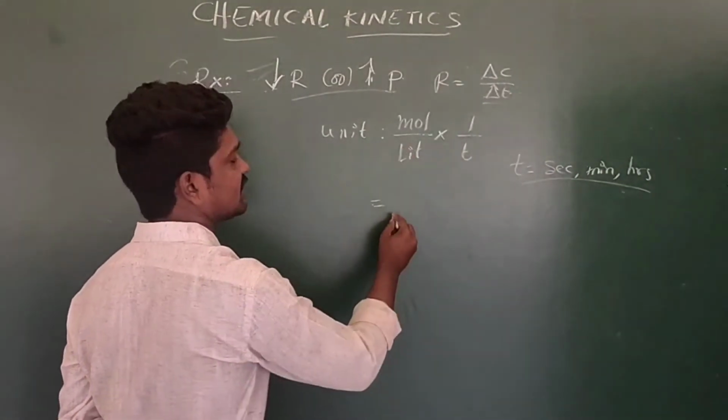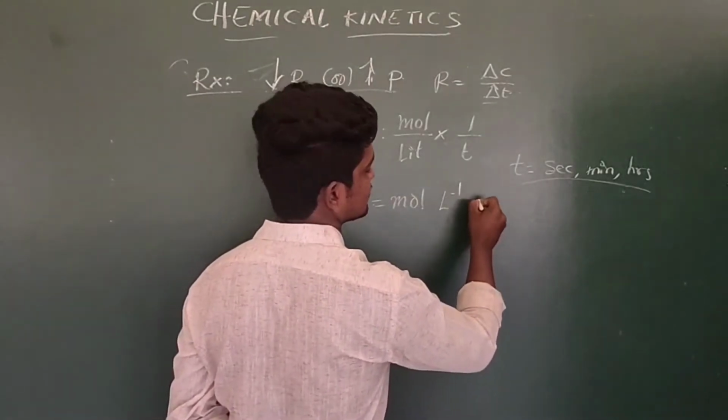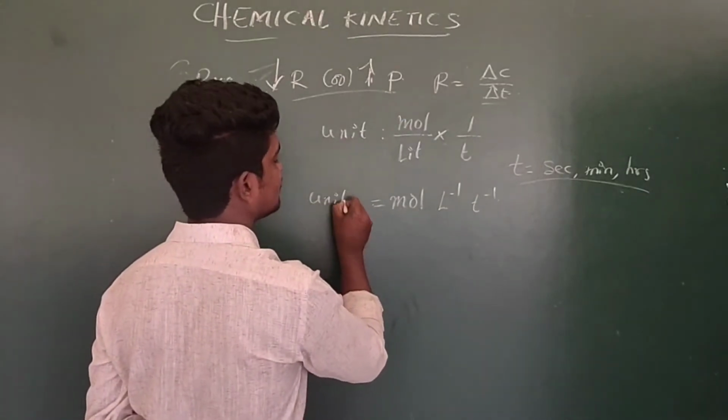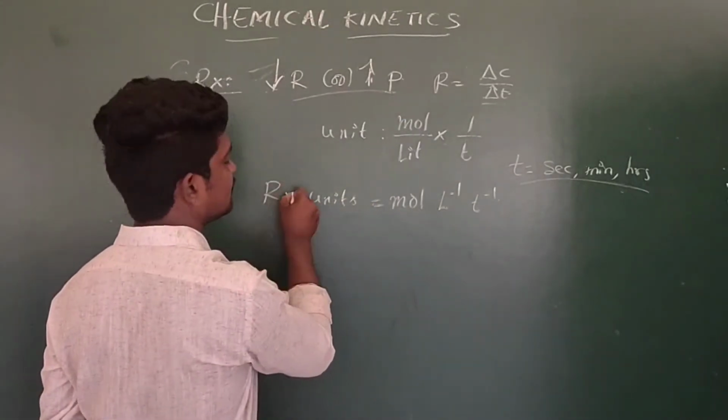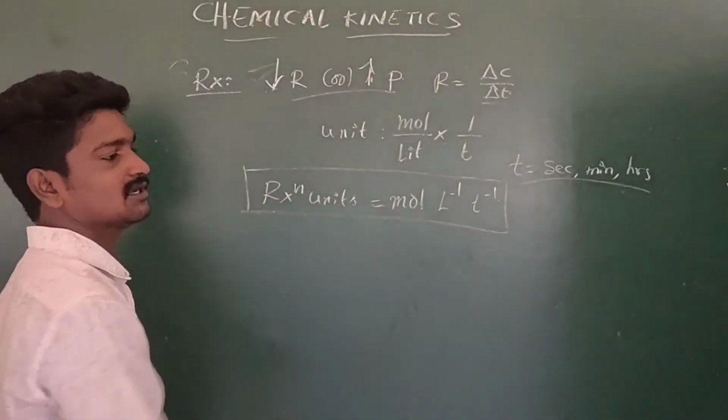So we can write: mole, liter inverse, time inverse. Here are the units for rate of reaction. This is the most important one. Write it down.